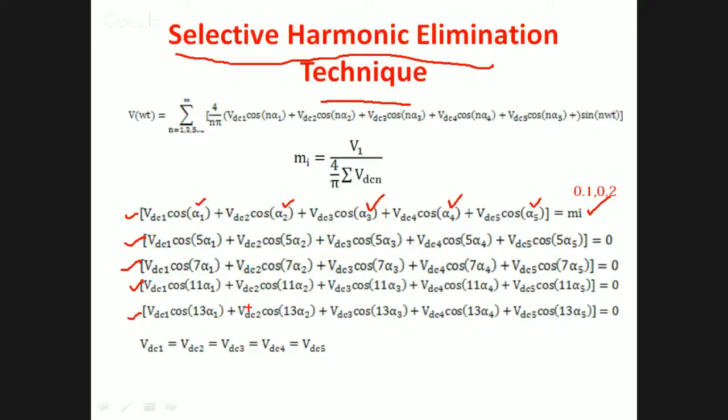But here I have considered these equations for a 3-phase system, so I have not considered my third harmonic. I have considered my 5th, 7th, 11th and 13th, and I have to put them equal to 0, because I want to make those harmonics equal to 0. Can you get it?